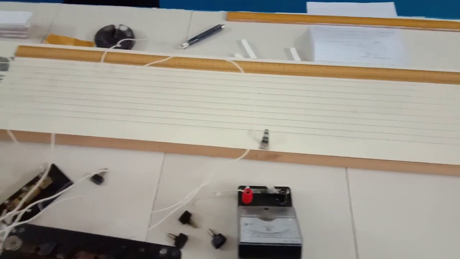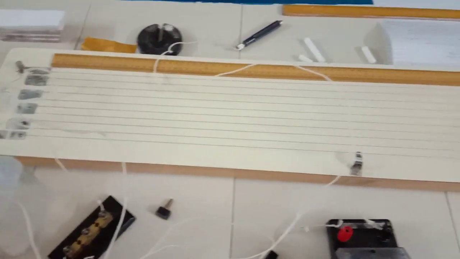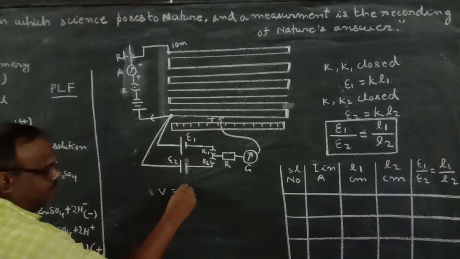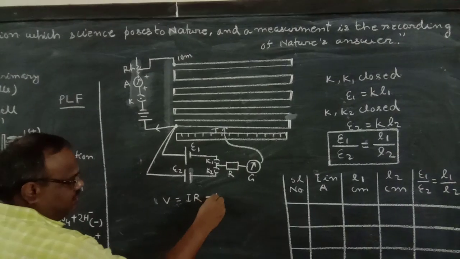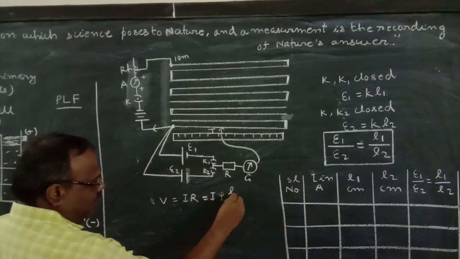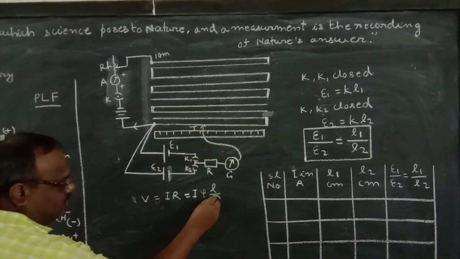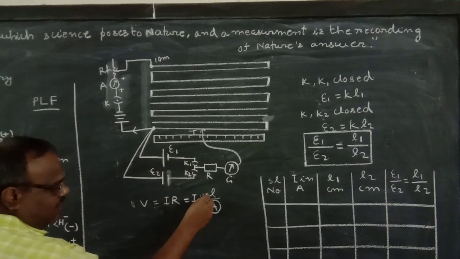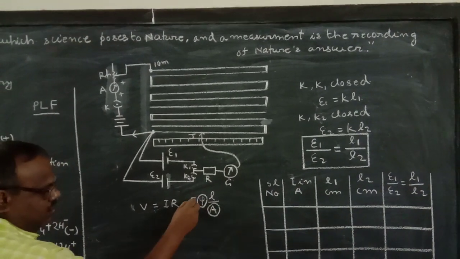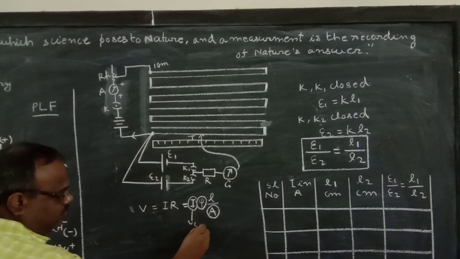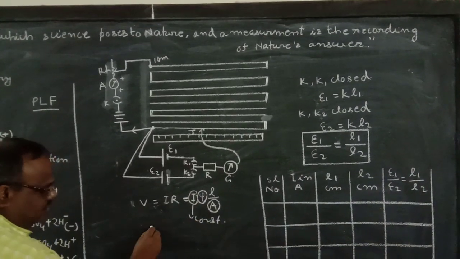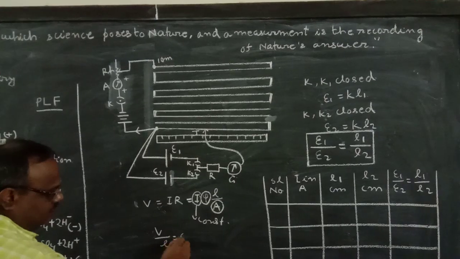Here is a uniform wire, because in the case of the potentiometer, you know the potential gradient. You know that V equal to IR, then it is I rho L by A. Here the wire I have taken has uniform cross section, and the same resistivity is constant. If constant current is flowing, then V by L is constant.